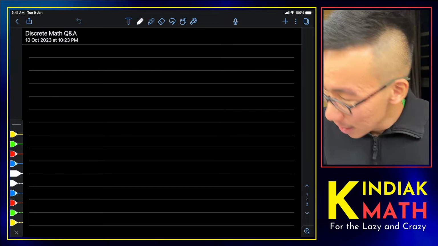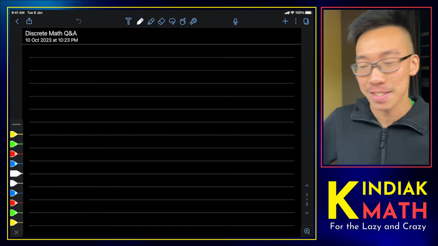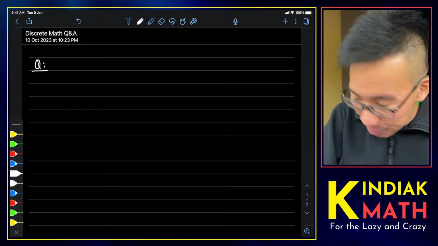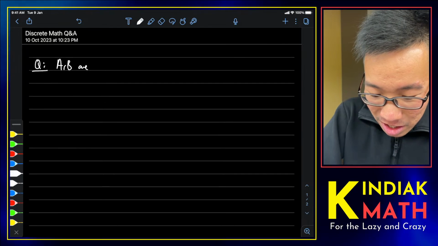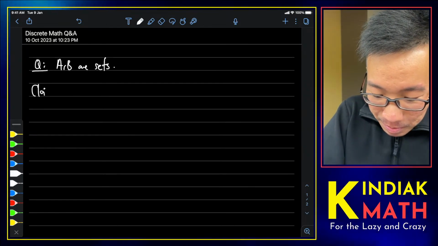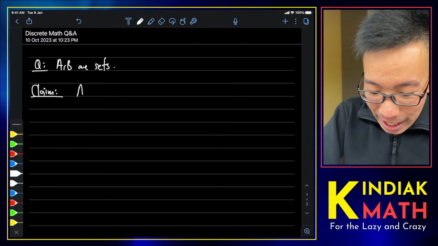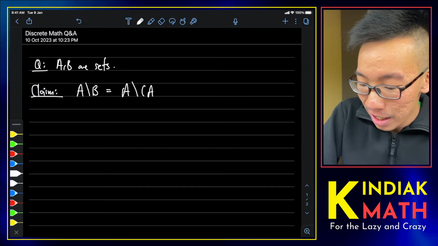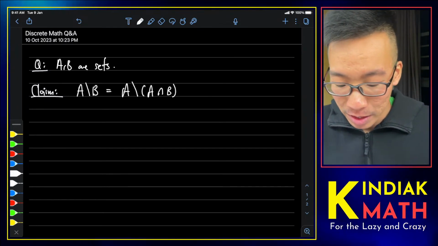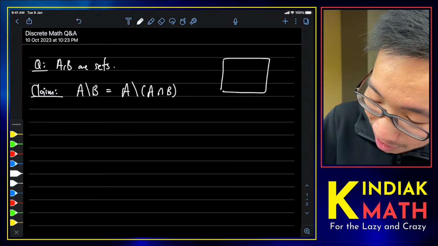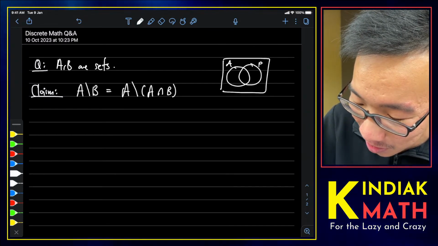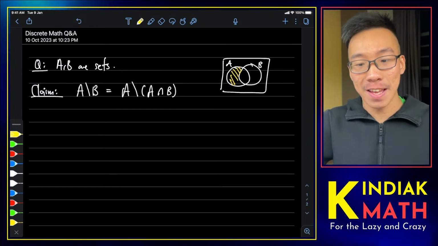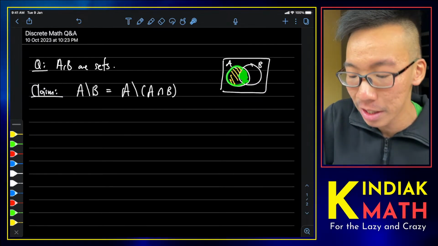Let's start off with a question pertaining to sets, a warm-up question. We are given that A and B are sets, and we claim that A exclude B is the same as A exclude A intersect B. In terms of a Venn diagram, the region A exclude B is the same as taking A excluding the intersection.